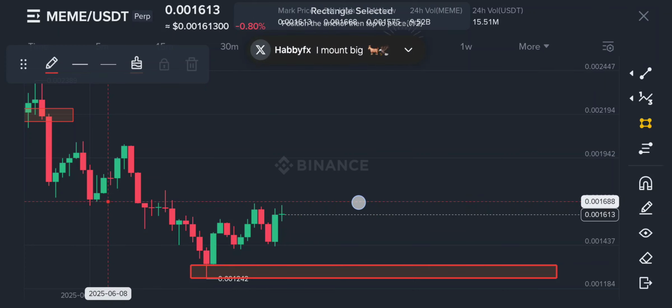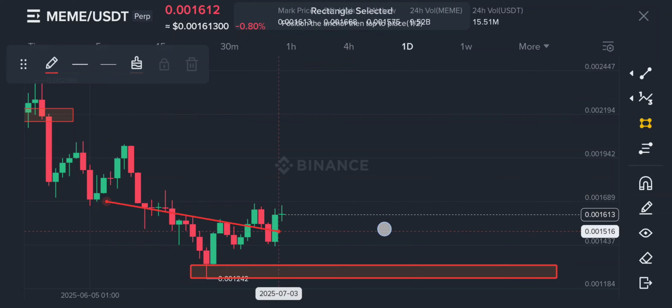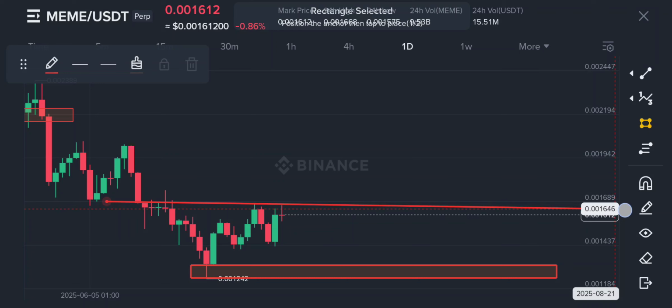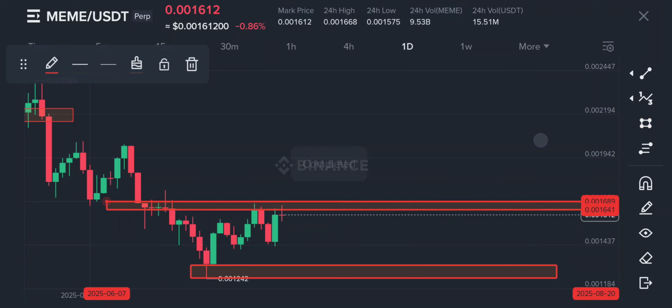This is an area of interest. This is an area of interest.